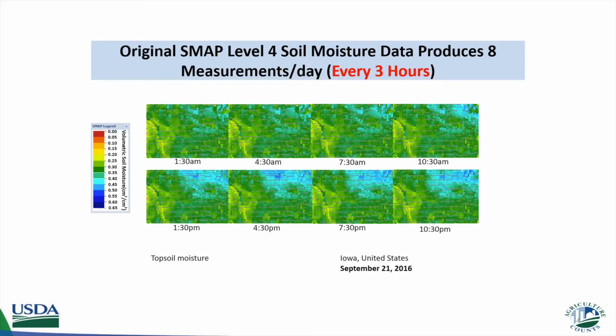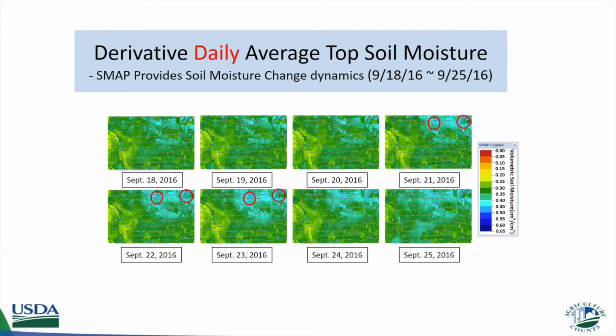I just cut this piece from the Iowa state. You can see that every 3 hours it has an output, so every day you have 8 outputs. So if you have a rain event developing, you will see the moisture level change.